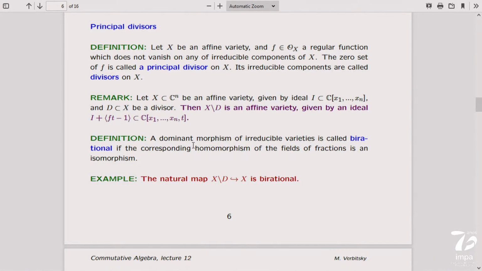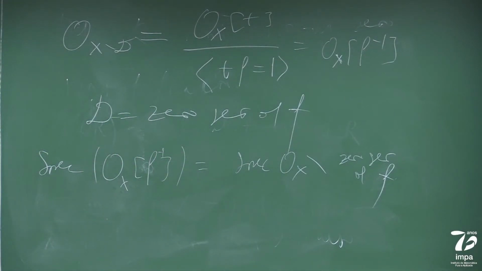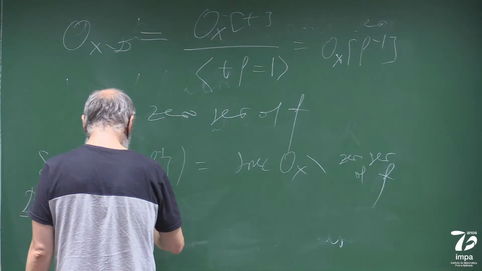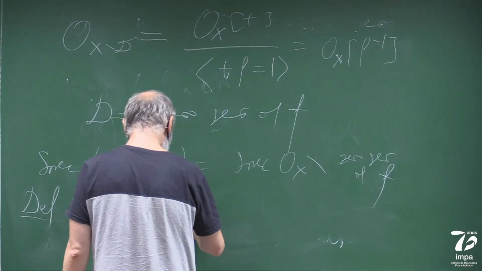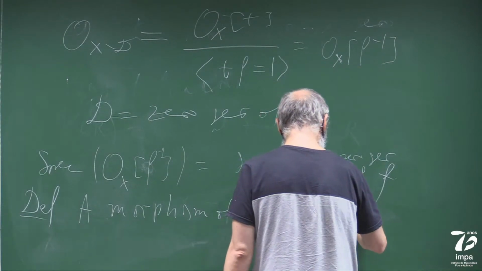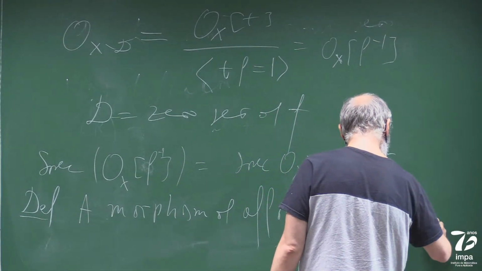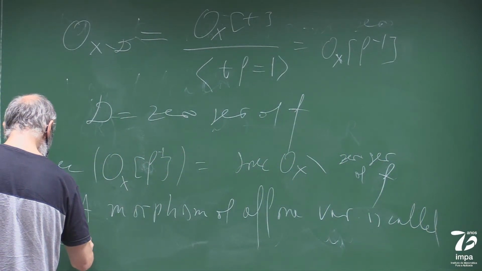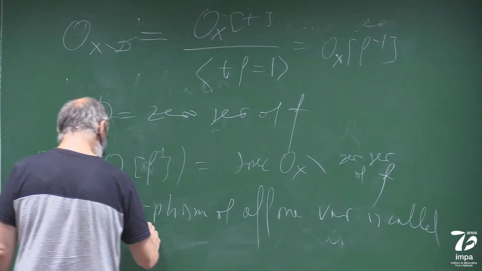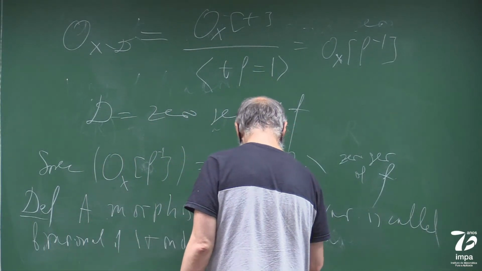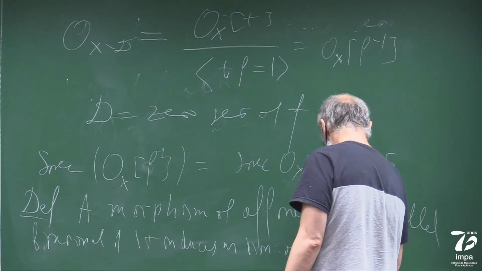Okay. Now we're interested in morphisms which induce equivalence of fraction rings. So, definition: they're called birational. A morphism of affine varieties is called birational if it induces an isomorphism on fraction fields.